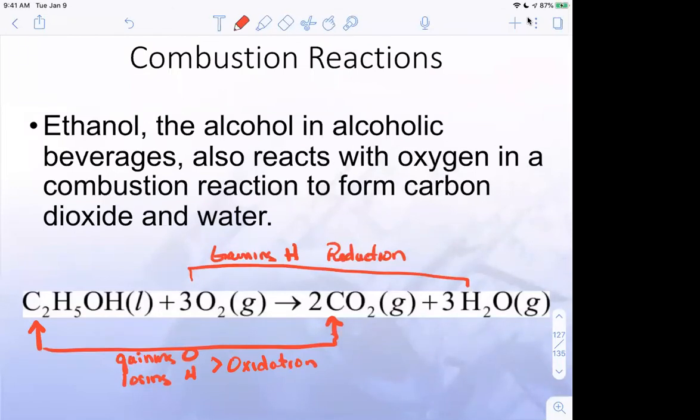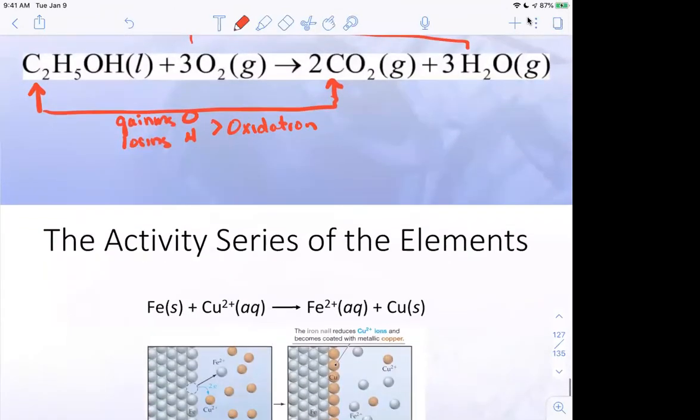But it's much easier in this particular example to do it this way, where I'm looking for oxidation being the gain of oxygen and/or the loss of hydrogen, and reduction being the loss of oxygen and/or the gain of hydrogen. So you definitely want to consider those because they'll make your life simpler in certain instances.